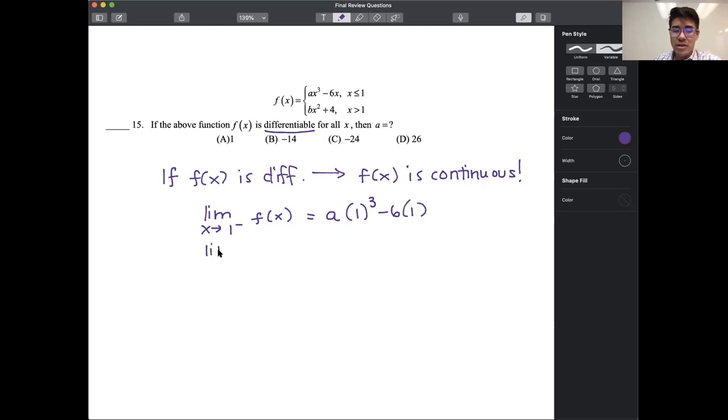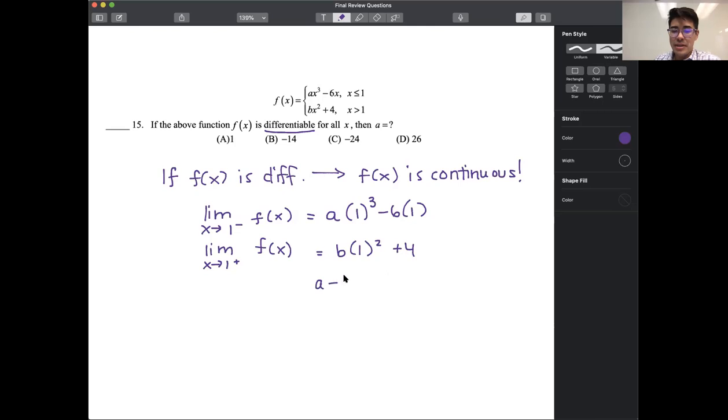Then we approach it from the right side. If the two functions have the same limits, they're continuous.